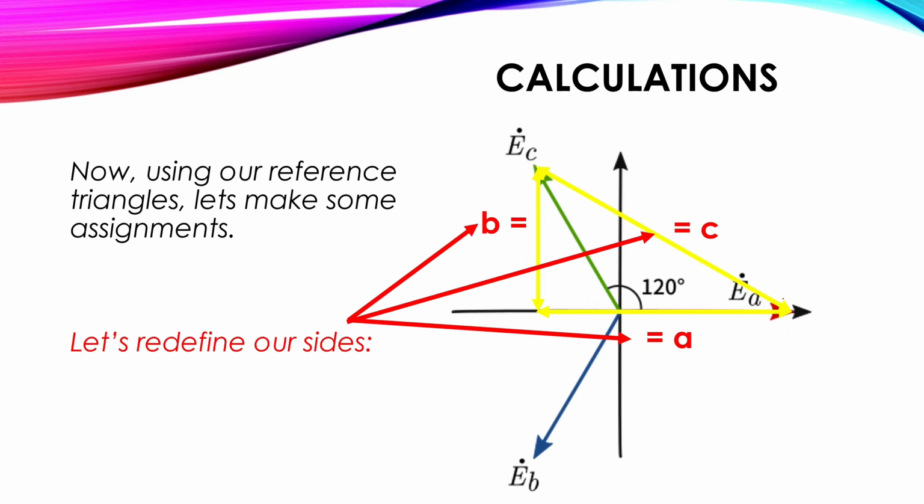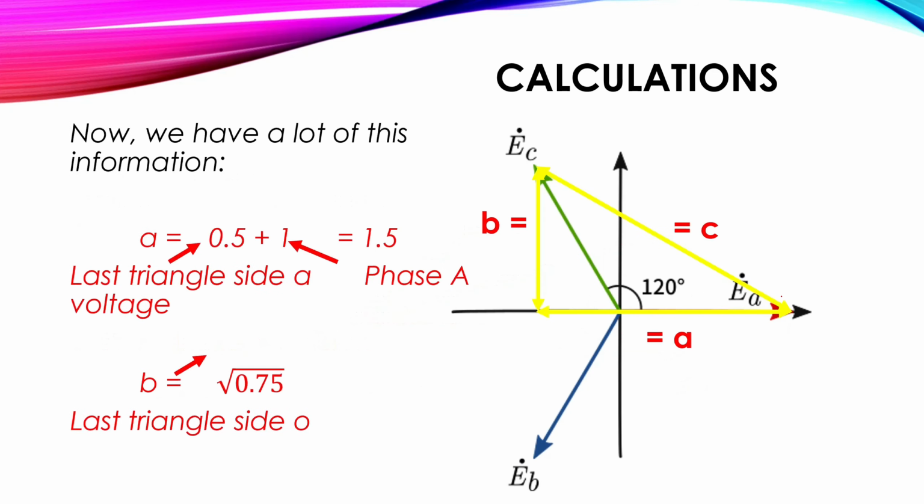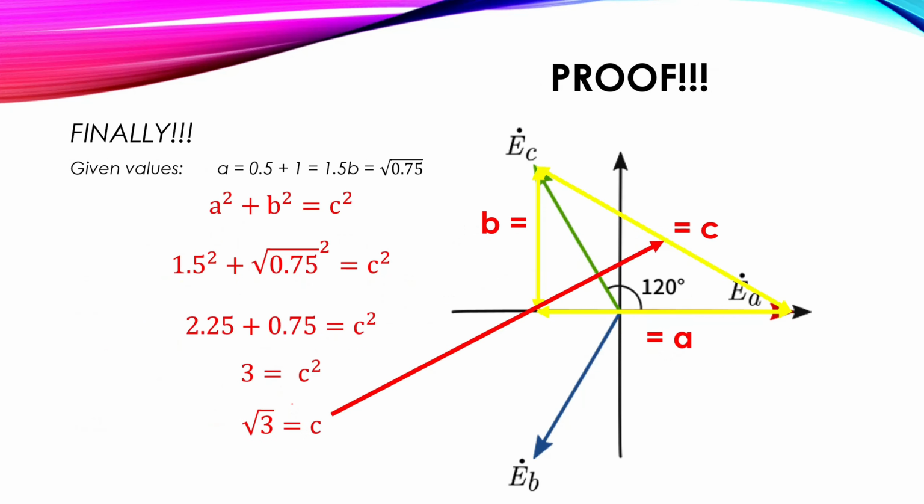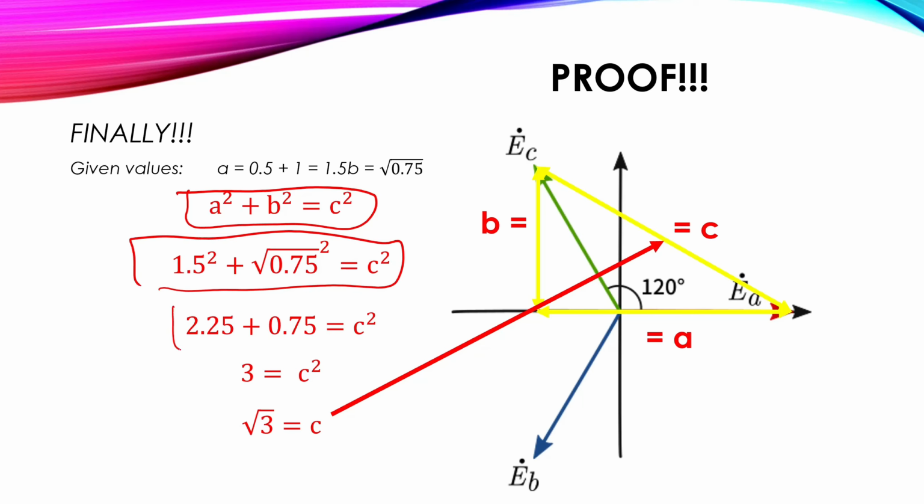So we assign our sides, got that. You go ahead and plug all this in, and what you're going to get is a squared plus b squared equals c squared. You're going to type them in, and you get 2.25 plus 0.75. That equals 3. And if you look real closely, it's c squared. Okay, c squared equals 3. And then when you take the square root of both sides, you get c equals the square root of 3.